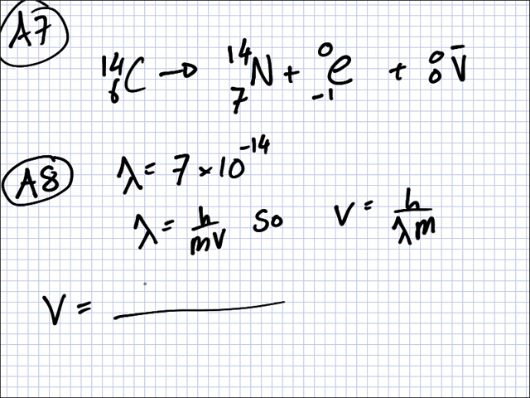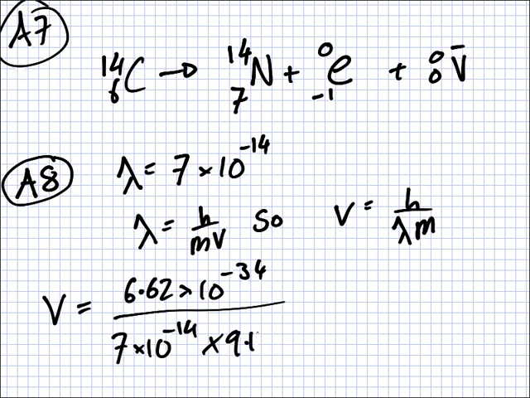Let me Google over here. Okay, so that's 6.62 times 10 to the minus 34. The wavelength is given to us, and then we have the mass of electron, which is 9.11 times 10 to the minus 31. So when you're ready, you can give me that.